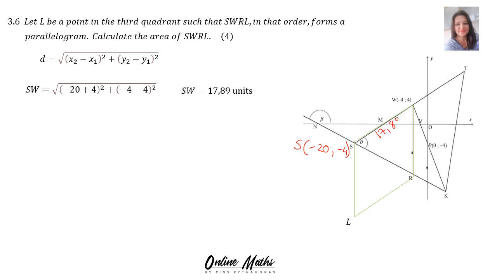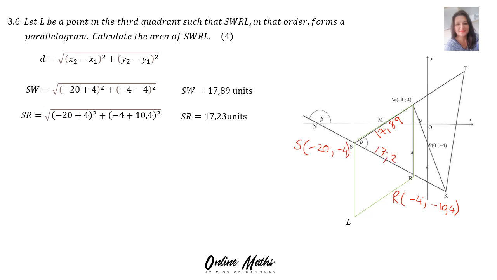And then into the distance formula, SW's length is 17,89 units. Then we're going to work out the length of SR, and R's coordinate down here was -4 and -10,4. So into the distance formula, and SR's length is 17,23 units. Then we can use the sine rule to work out the area of triangle WSR.